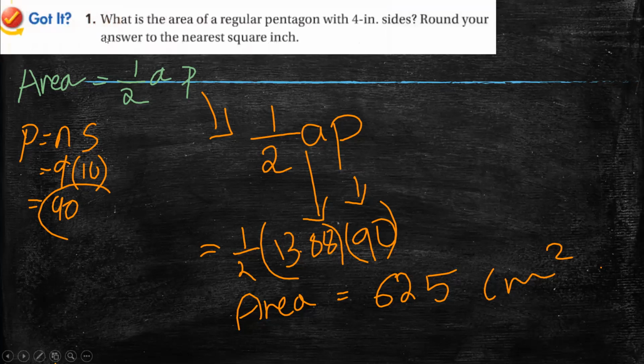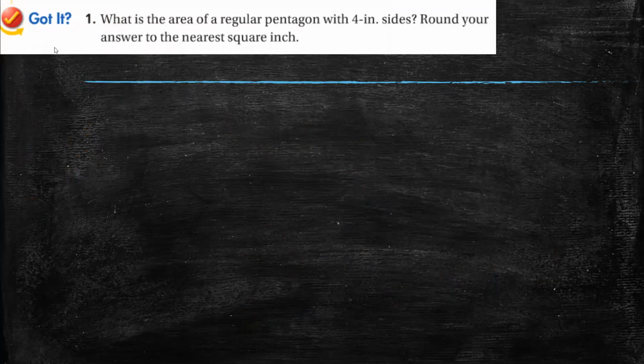Now, let's solve this question here. In this question, what is the area of a regular pentagon with 4-inch side? We will do the same steps. Here we have a pentagon. So we have 5 sides.